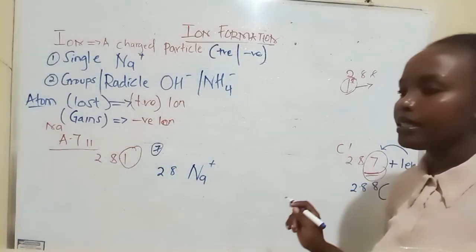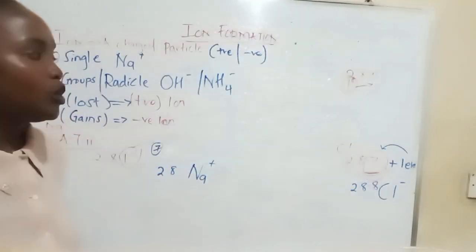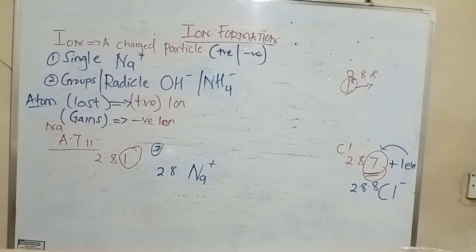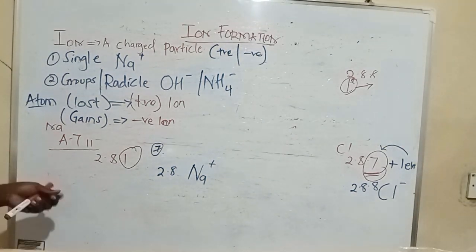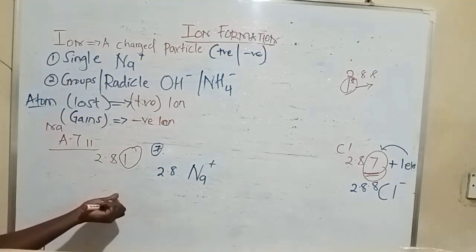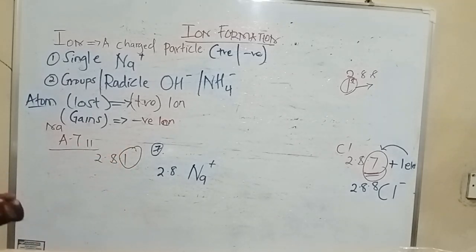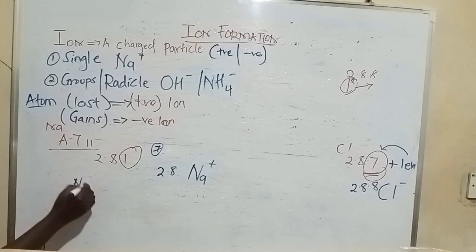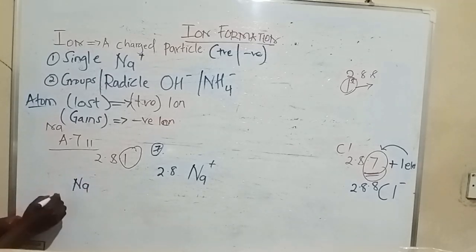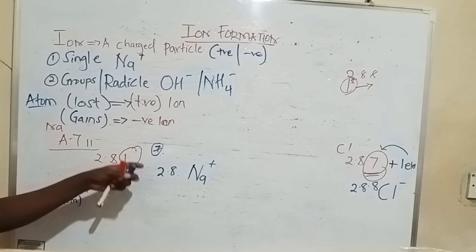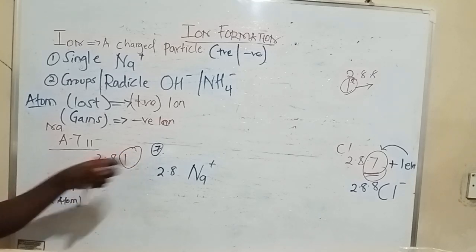We can also represent this gaining and losing of electrons as a chemical equation. Let us do it for sodium. The chemical equation is going to start with your sodium atom. We've said our sodium atom is going to lose one electron to be stable.